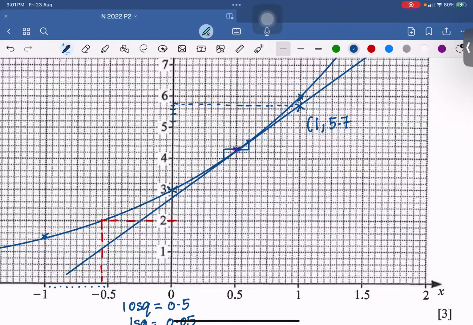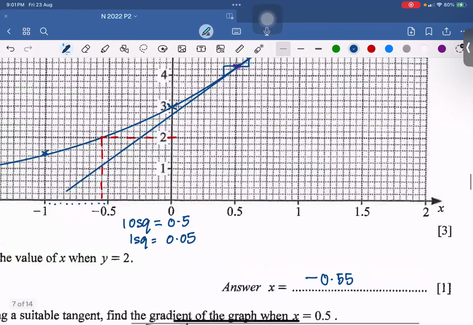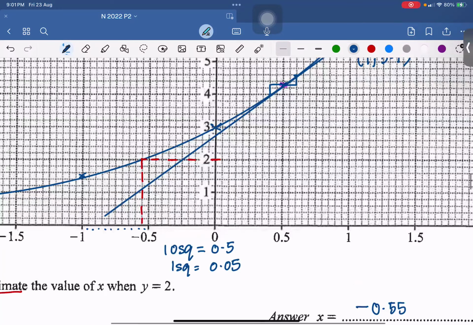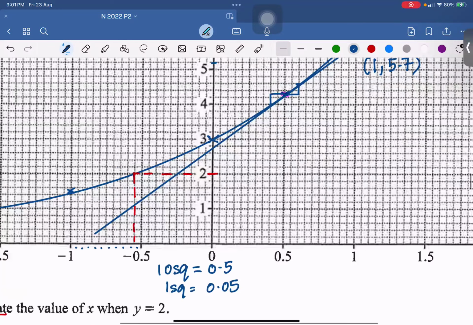Okay, in between, right? So I'll take 5.7. And this side also has no nice number. Maybe I'll choose the 0 one. 2.246, 2.7. So I'll choose 0, 2.7. Make my life easier.